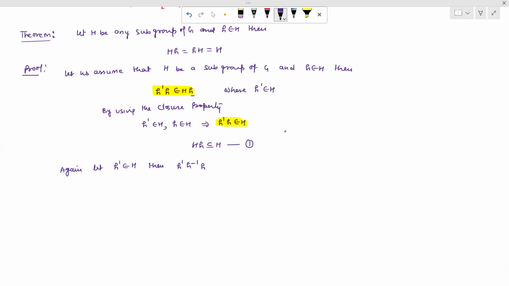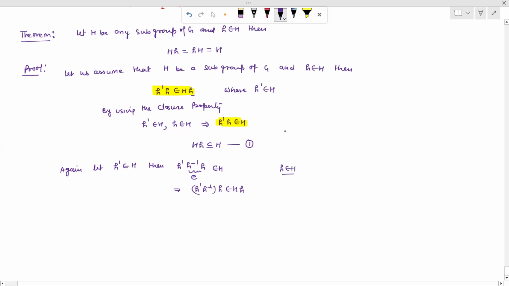So h inverse into h can be written as e. So this h' into e also belongs to H. This implies that h' into h inverse into h belongs to Hh, meaning right coset.